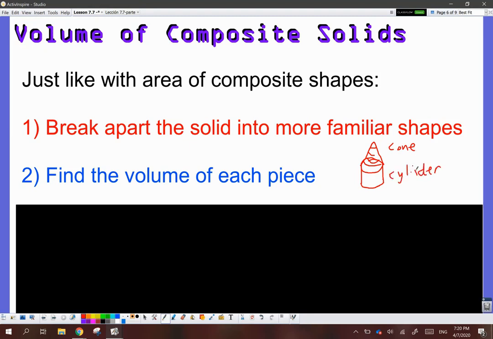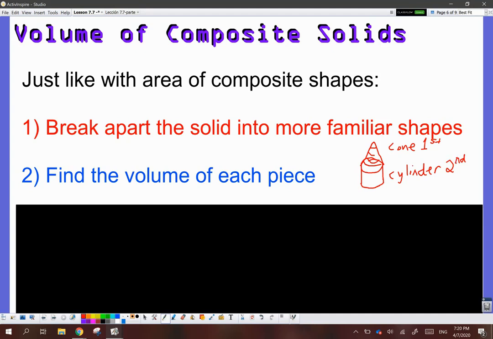So I'm going to be finding the volume of a cone and a cylinder. But try to do these separately. Don't try to mix and match because you're going to get confused. Find the volume of the one shape first. I'll find the volume of the cone first. And find the volume of the other shape second.